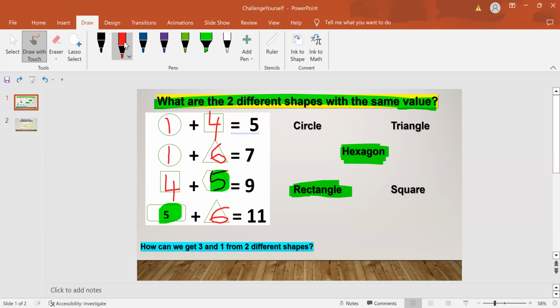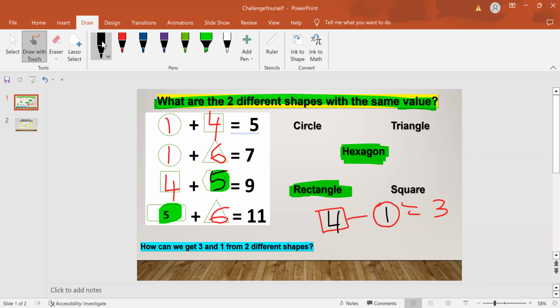We see that if you take a square minus a circle, you get what? 3. Because in the square, we have a 4. In the circle, we have a 1. And 4 minus 1 is 3.